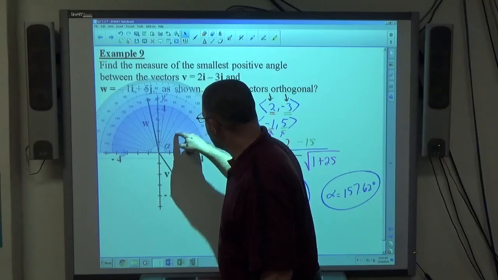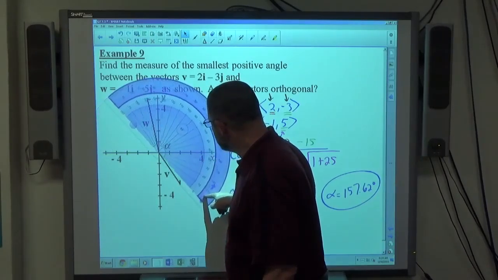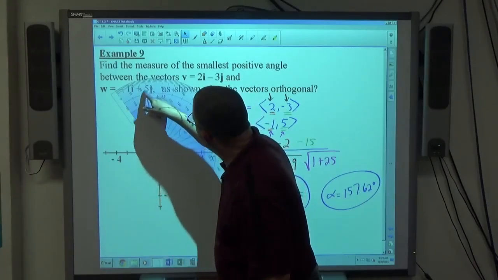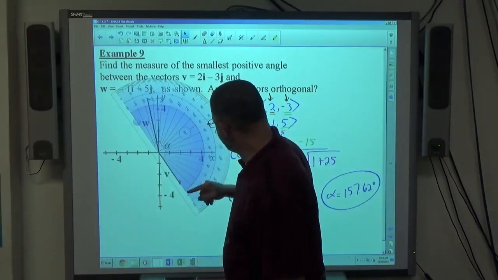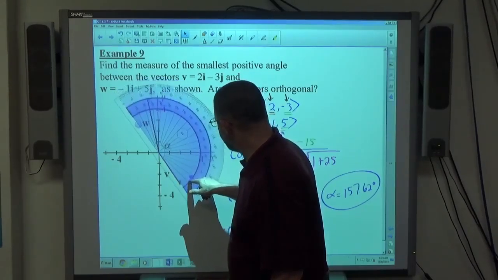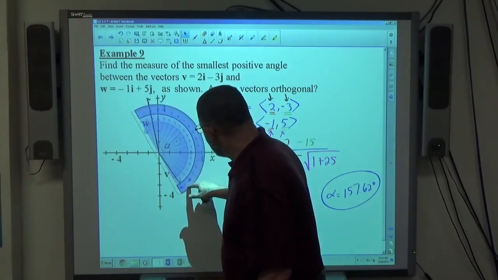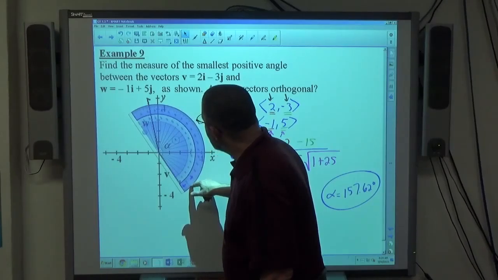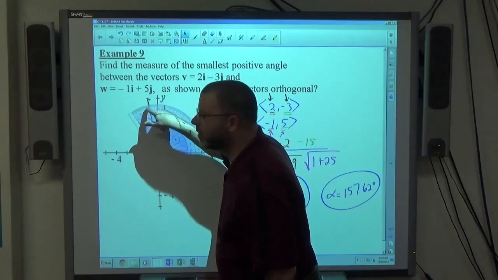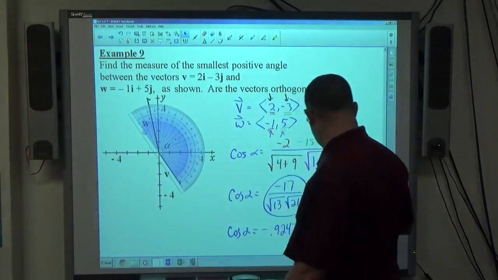Let's try it out. There it goes. So yeah, let me shrink this up a little bit. There we go. There's 155, 6, about 7, 8, somewhere in there, which verifies that.